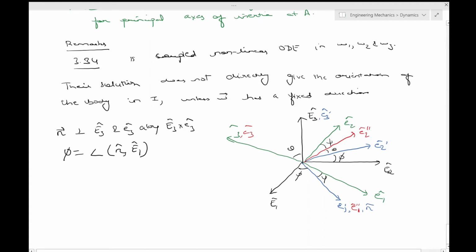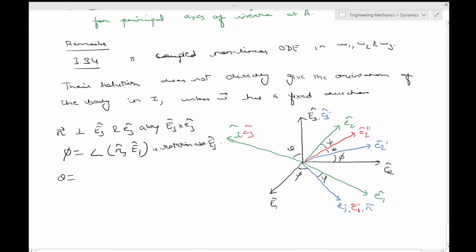Now phi is the angle between N and E1. Okay, so that is already shown to you over here. It's a rotation about E3.